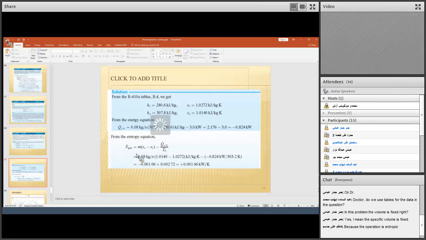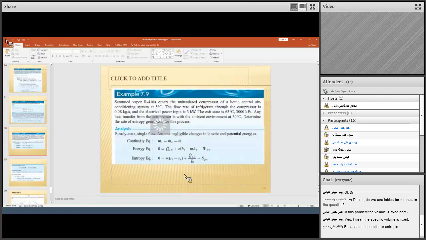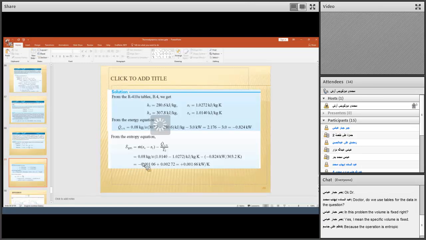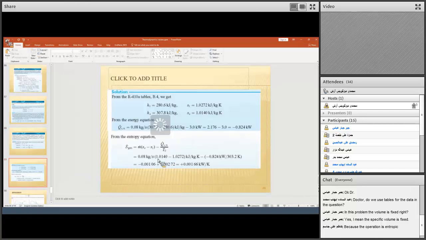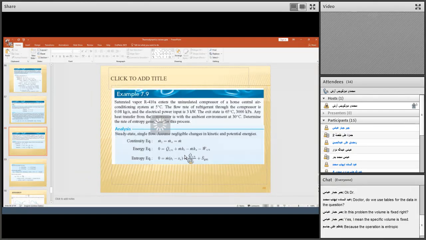The other is entropy generation from the second law of thermodynamics. Entropy generation equals m dot, the mass flow rate, times (SE minus SI), minus rate of heat transfer divided by T0.